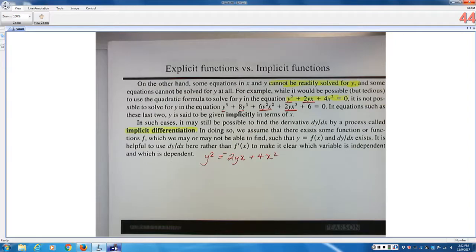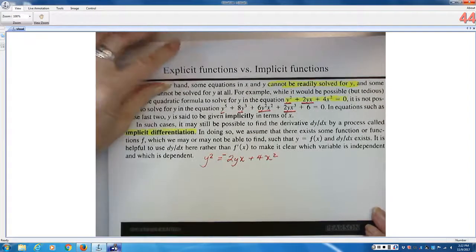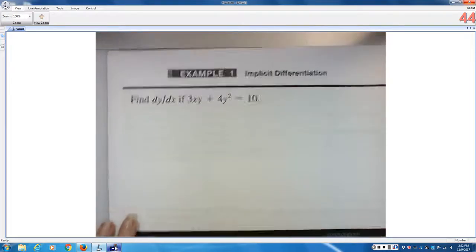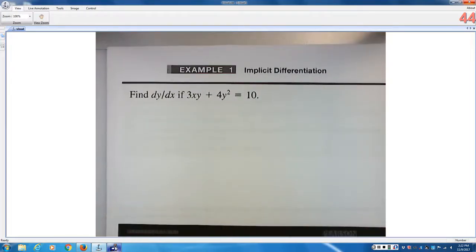So let's talk about what implicit differentiation is and how you do it. So here is an implicit function. The first thing you need to remember is that when you take the derivative of y, y is a function of x, which means it's going to be chain rule.